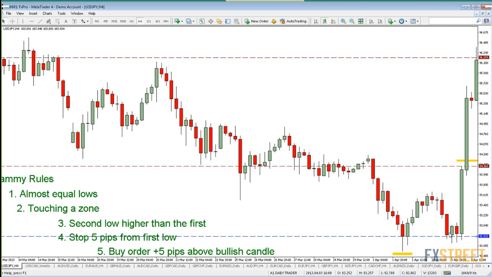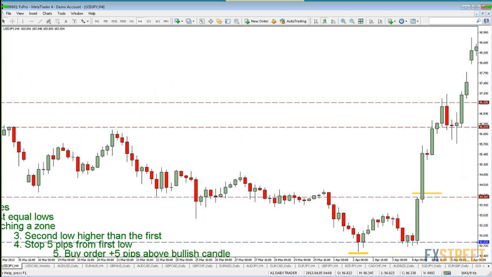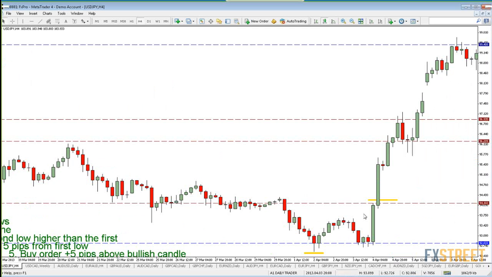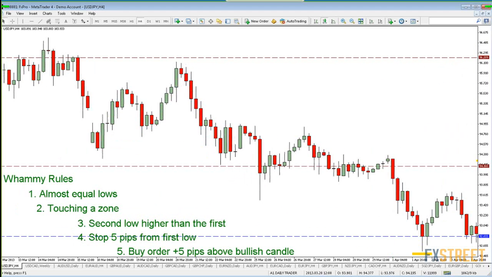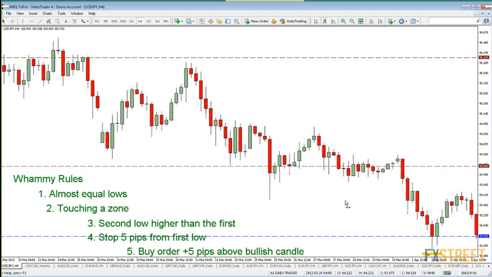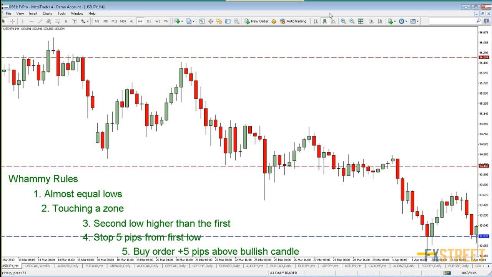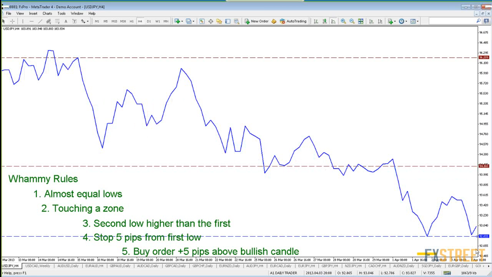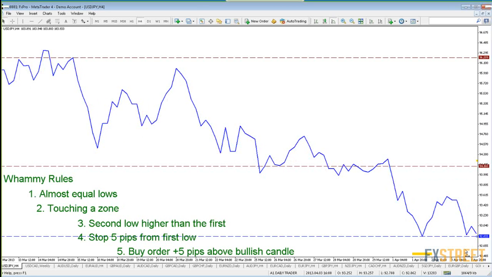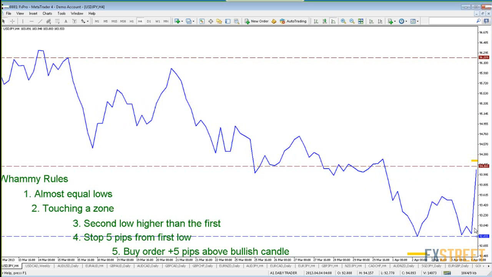So I wouldn't have gone with that one. There's no way I would go with that one because I still want to make sure that the market's ready to go up. Because if you see the market here at this stage, look at the line chart. It's not really clear. It looks like it could be a double bottom, but look what happened. It came back down for another touch, and that happens more often than not. So it isn't really until this close that I'm thinking, okay, now it's ready to go.